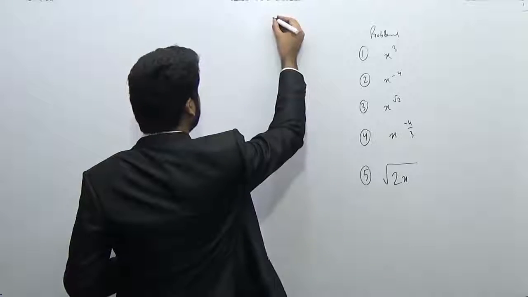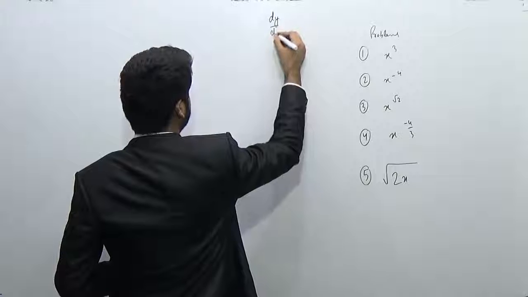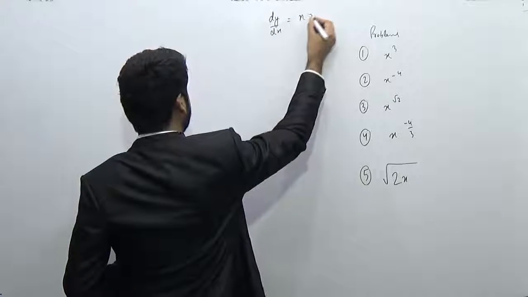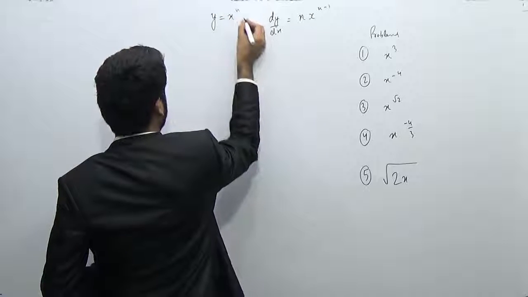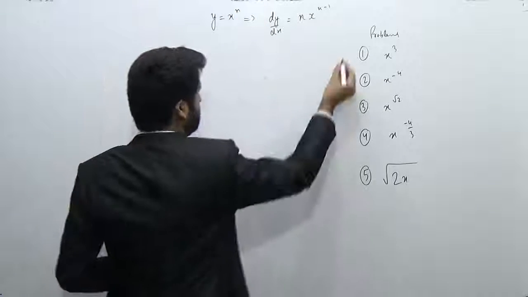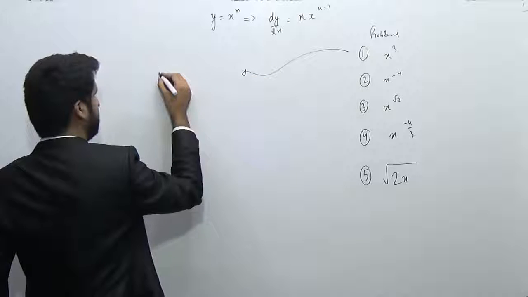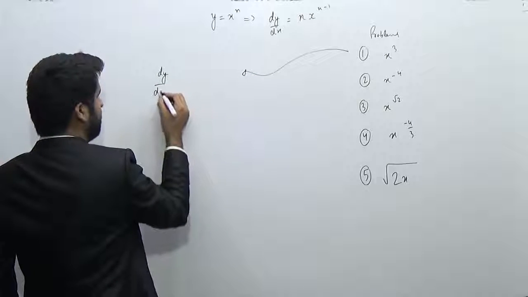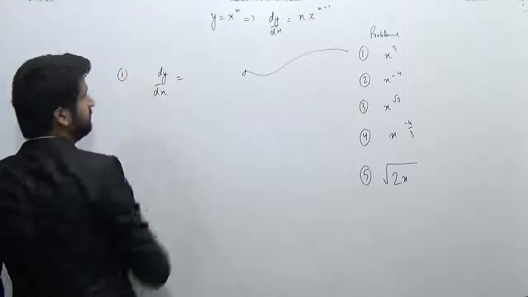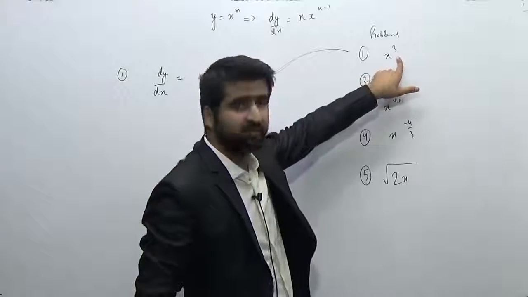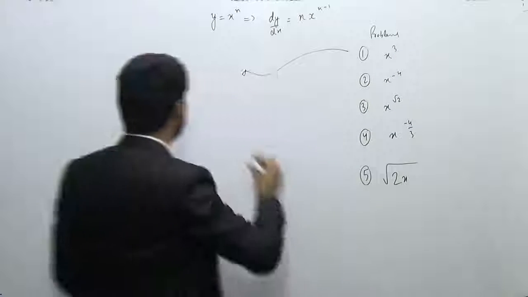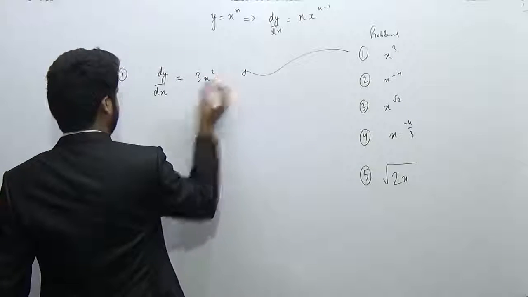What I told is dy upon dx is equal to n x to the power n minus 1 if y is equal to x to the power n, right? So the differentiation of the first function, dy upon dx, will be that I will put this 3 in the front and I will subtract 1 from this power. So this will become 3x squared.